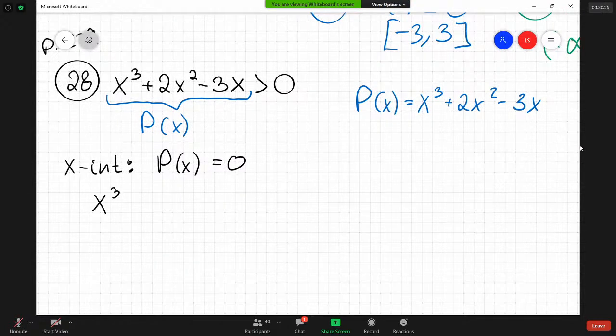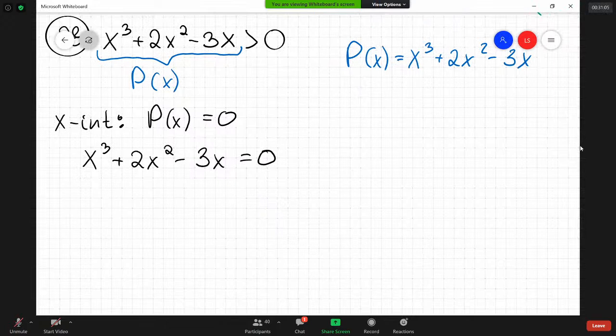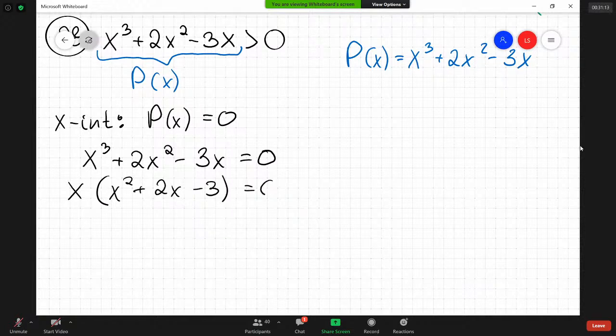So this gives us x cubed plus 2x squared minus 3x equals 0, which we can factor. Anytime we have to factor, we start by GCF. Take out x, leaving x squared plus 2x minus 3. This also factors nicely as x plus 3 and x minus 1.